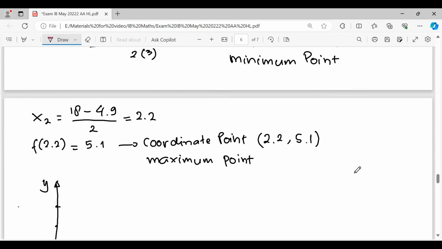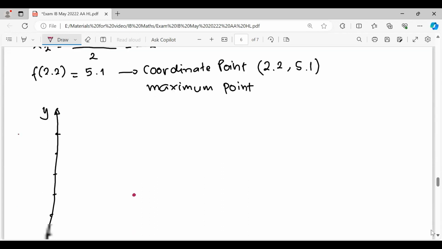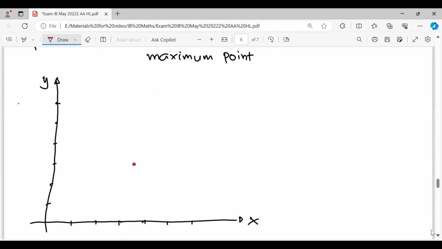That's the minimum point, and then 2.2, 5.1, 2.2, 5.1, 2, 3, 4, 5 around here. Okay. Right. What else?